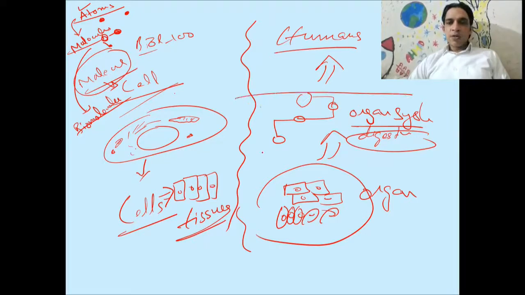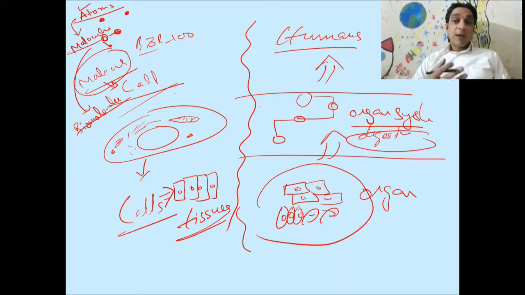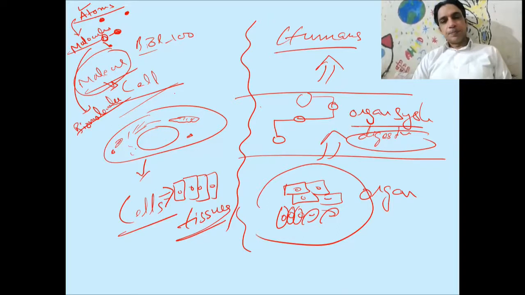And these organ systems are made up of organs. And organs are made up of tissues. Tissues are made up of cells. And of course, cells are made up of biomolecules and the molecules. And eventually, they are made up of atoms.